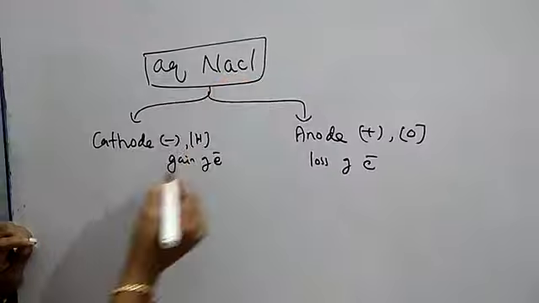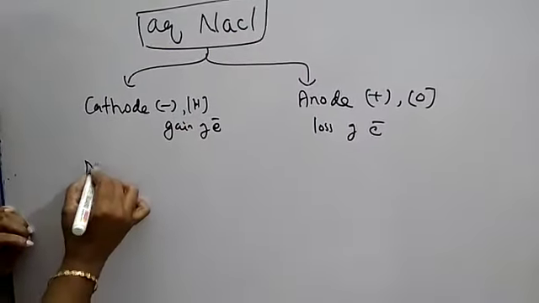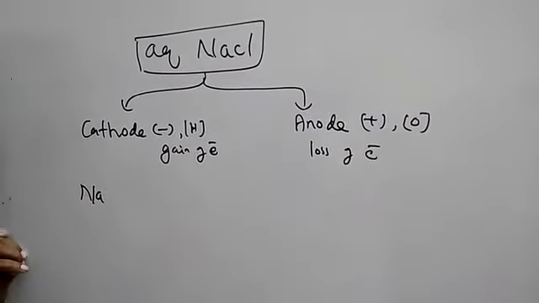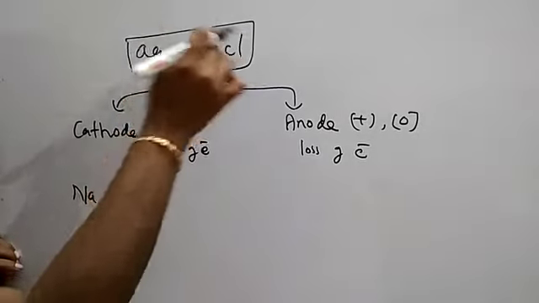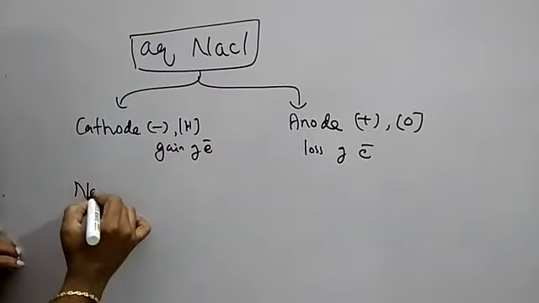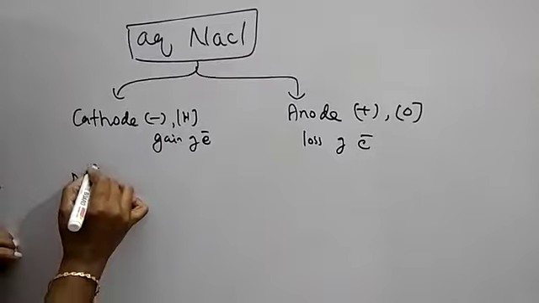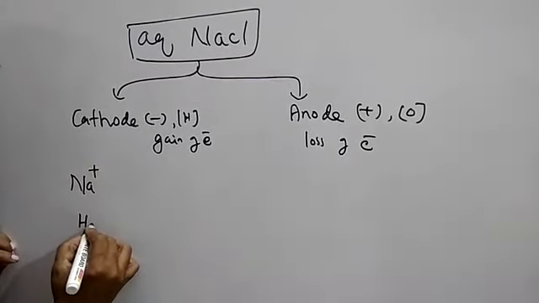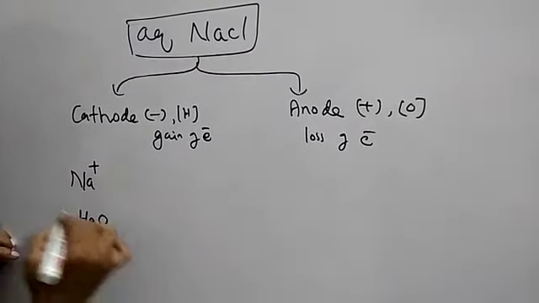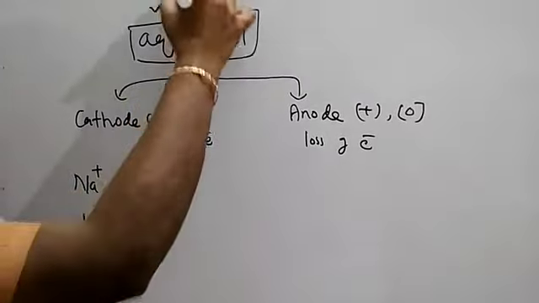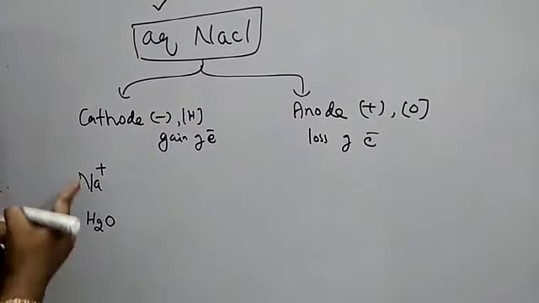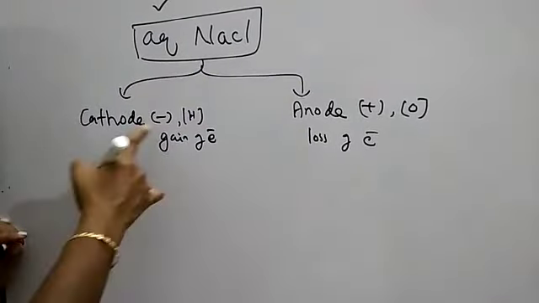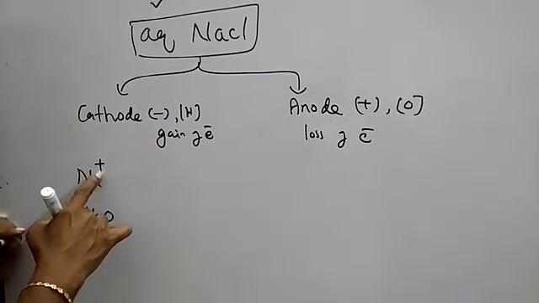Now let us see the cathode, where the cation moves. When you are doing the electrolysis of aqueous sodium chloride, sodium cation reaches the cathode. Sodium is there, and along with that water is also there because it is aqueous sodium chloride. Now we have to compare the reduction potential of water and sodium.